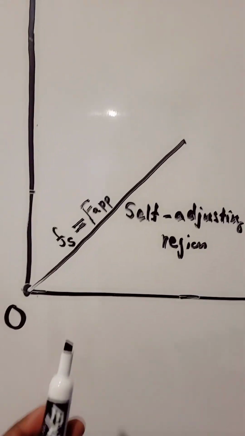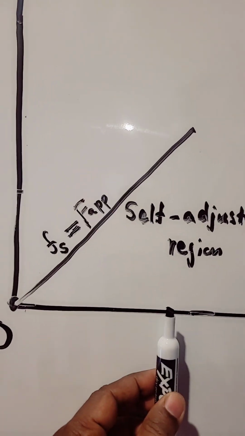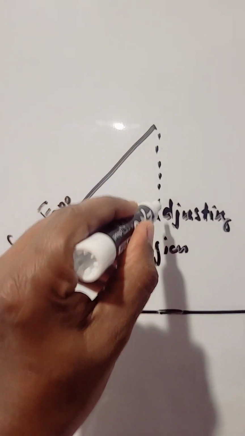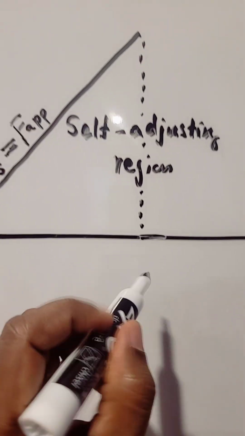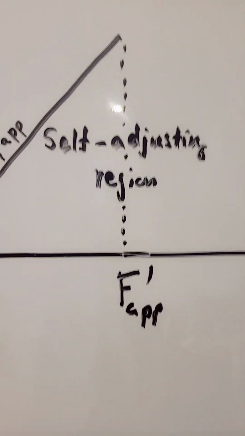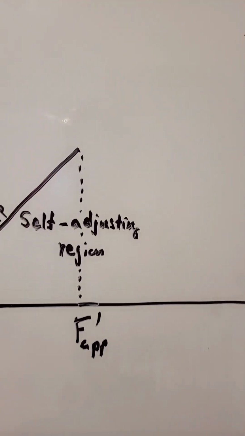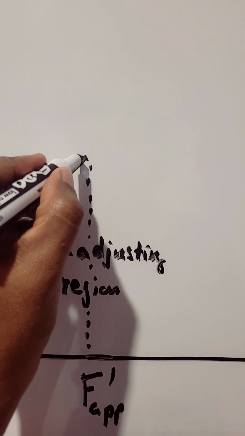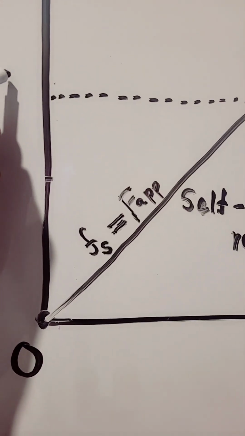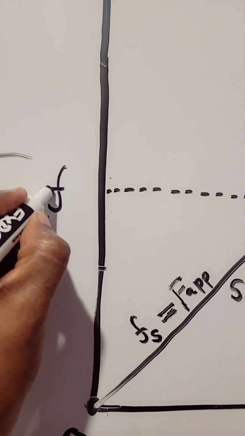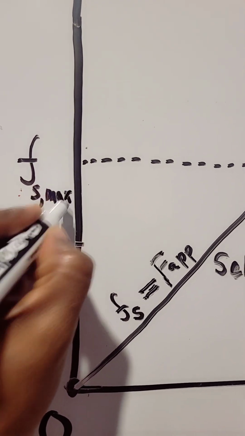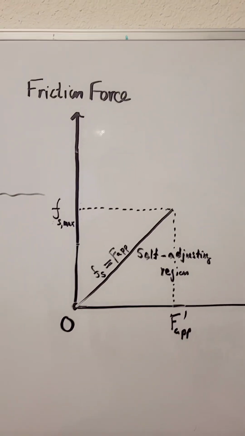Okay, and then you are going to increase the applied force to a certain value of the applied force. Let's call that F applied prime. Then you will have the maximum value of the static friction force.